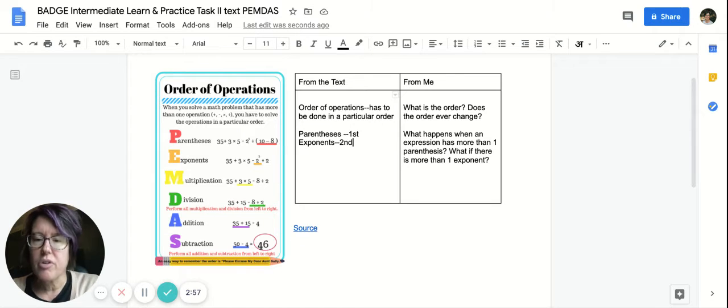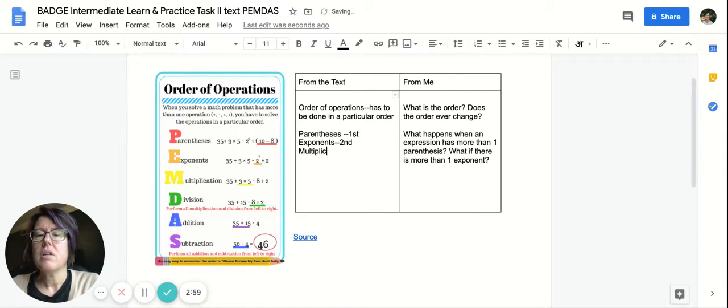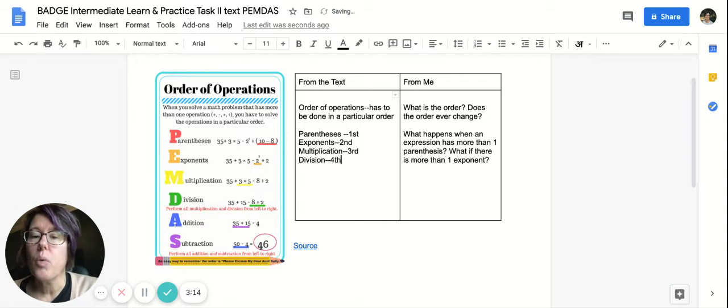I've kind of gone through the first things. Multiplication comes next, which makes me wonder, well, what if there's more than one multiplication? Does that make a difference? And then it shows me division comes fourth. So parentheses, exponents, multiplication, division. Oh, wait a minute.